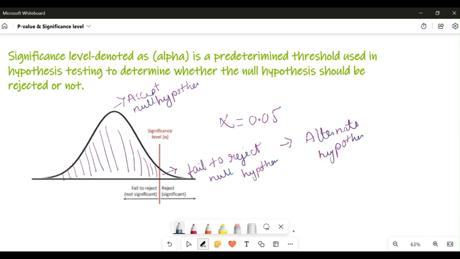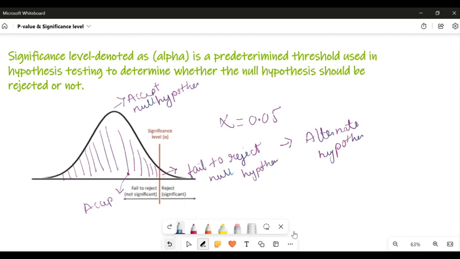So if your value is falling over here, you will say that you have enough evidence to accept the null hypothesis. If your data point is falling over here, then you say that we have failed to reject the null hypothesis.